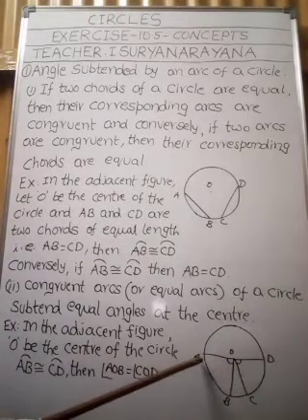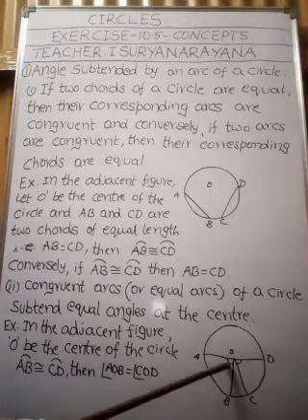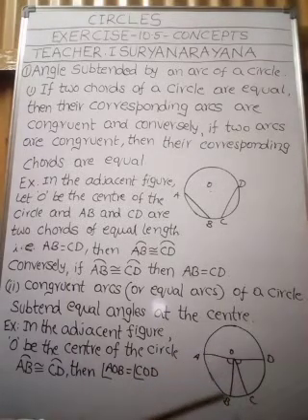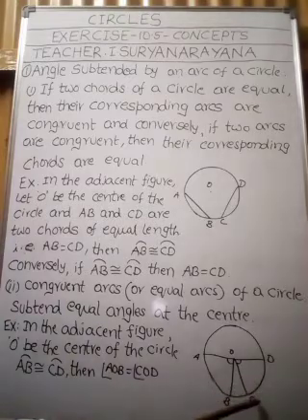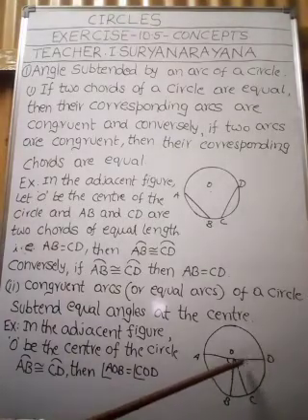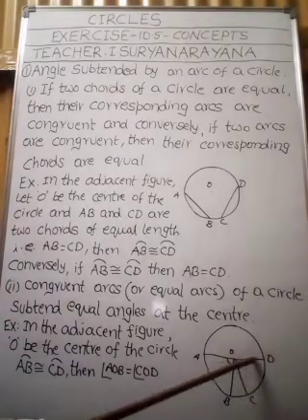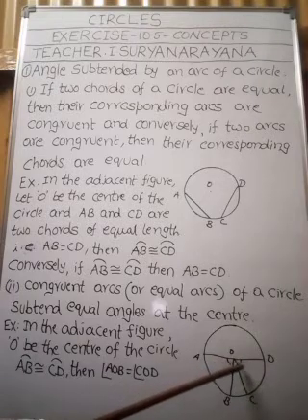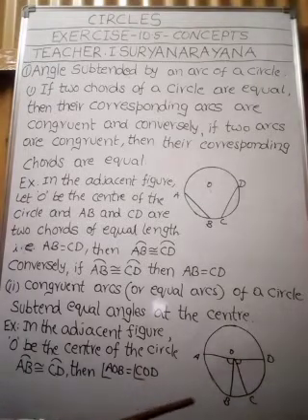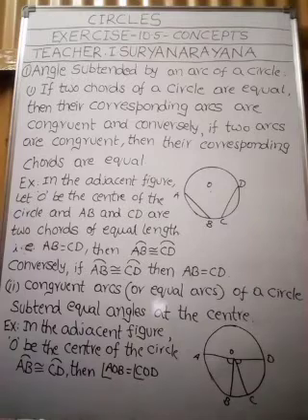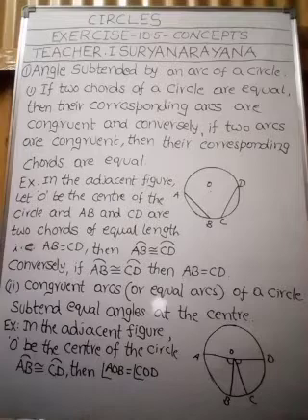Then the angle subtended by this arc at the center, that is angle AOB, is equal to the angle subtended by this arc at the center, angle COD. These two angles are equal. Okay, my children, remember these points. These are very helpful, very useful, very important in solving the sums in the exercise 10.5. Okay, my children. Right.